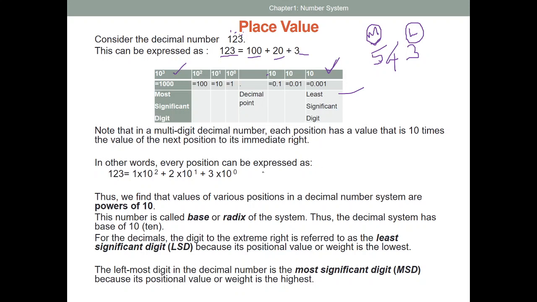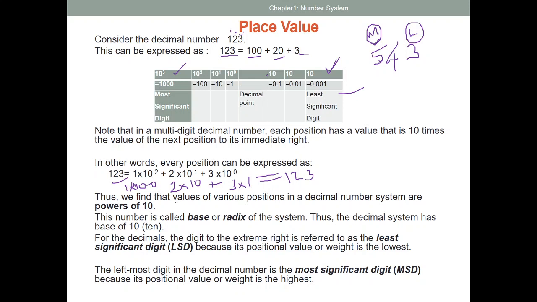For example, take the number 123. It is 1 into 10 to the power 2, 2 into 10 to the power 1, and 3 into 10 to the power 0. 10 to the power 2 is 100, so 1 into 100 is 100. 10 to the power 1 is 10, so 2 into 10 is 20. 10 to the power 0 is 1, so 3 into 1 is 3. So 100 plus 20 is 120, plus 3 gives 123.